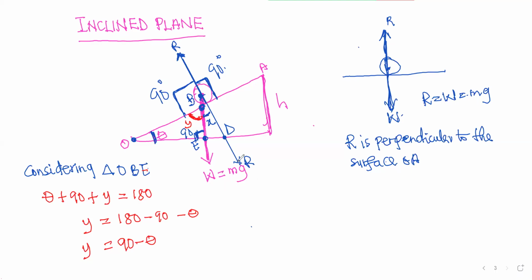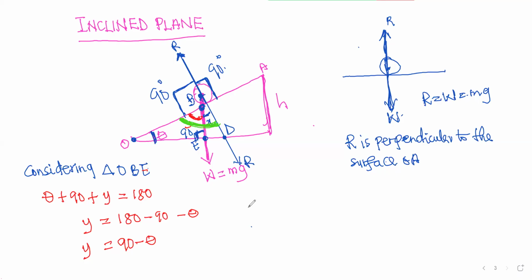Now, what do you think will be this angle? What will be the angle between the plane and this, the inclined plane and the reaction, the angle colored in green? What will be the total angle there?